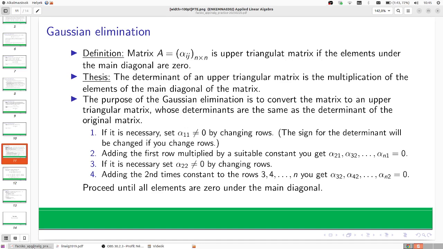Will our exams have the Gaussian elimination or the Sarrus method? Usually I will not restrict your methods.